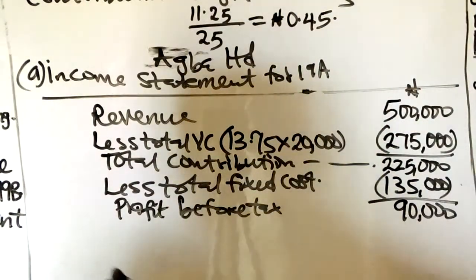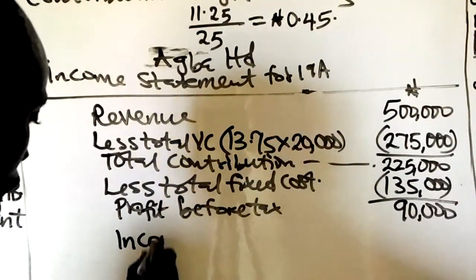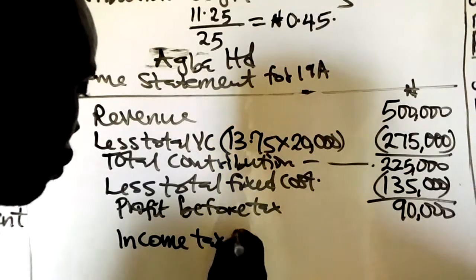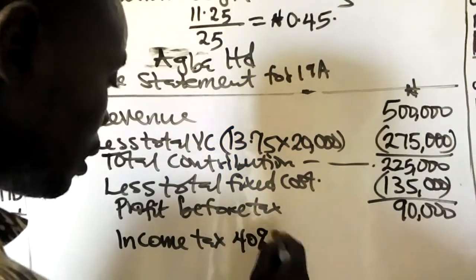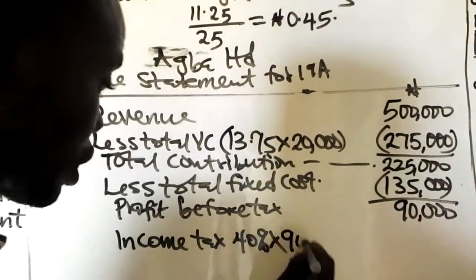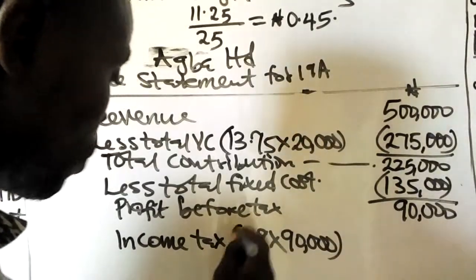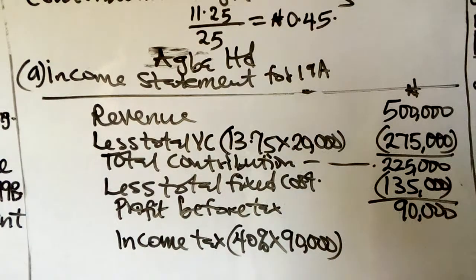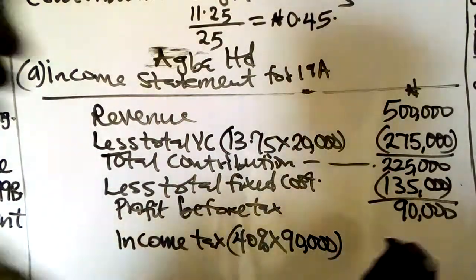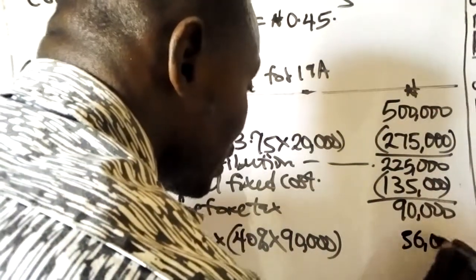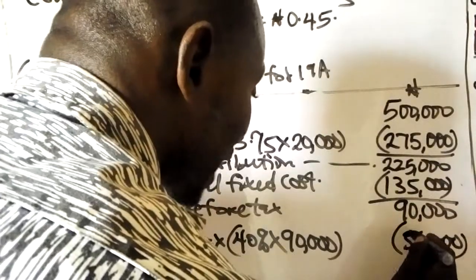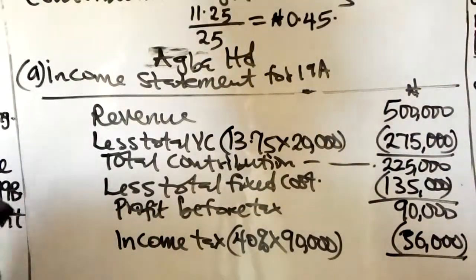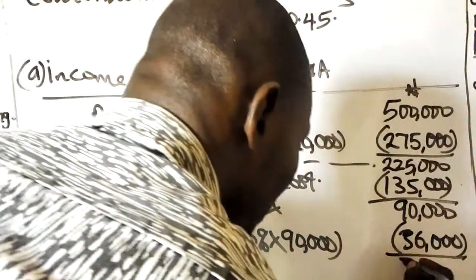So we have income tax, which is 40% tax rate, multiplied by the 90,000, which is your profit before tax. When you calculate 40% of 90,000, then you have 36,000. If you subtract 36,000 from 90,000, then you'll be left with 54,000.